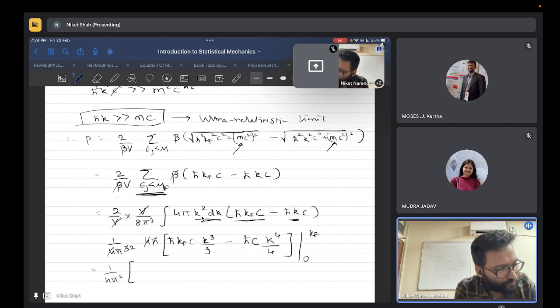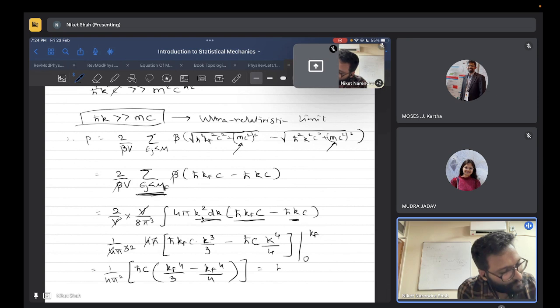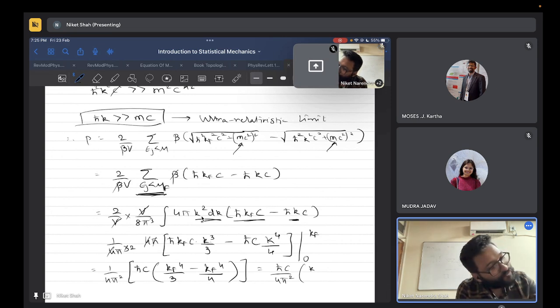At 0 this value is 0, at kf this is kf, so I can take h bar c outside: kf raised to the power 4 by 3 minus kf raised to the power 4 by 4. This is just h bar c upon 4 pi square. 1 by 3 minus 1 by 4 is 1 by 12, right? So kf power 4 divided by 12.